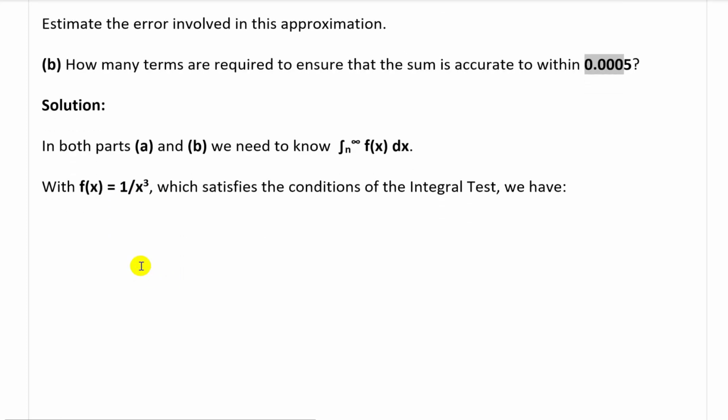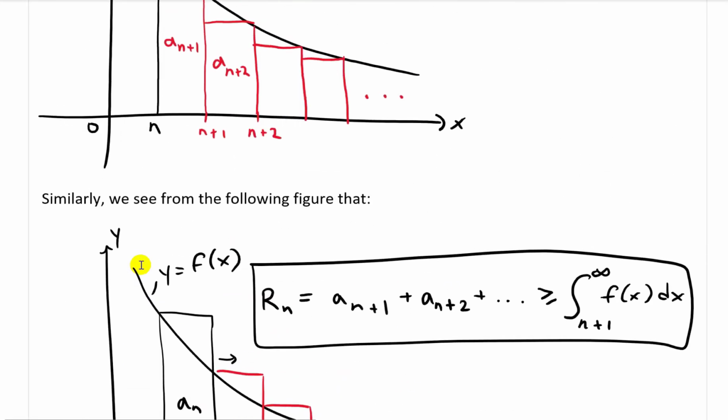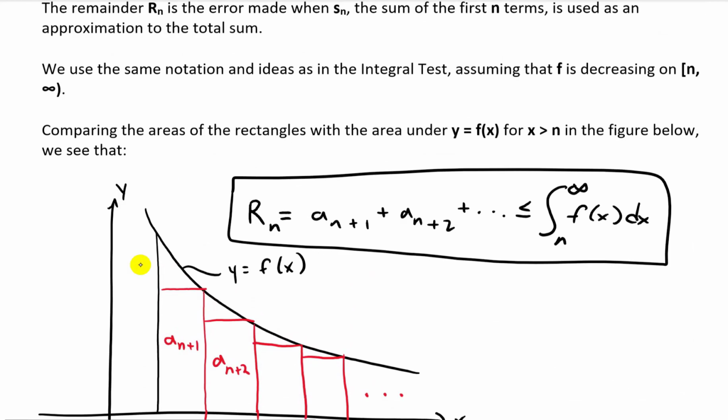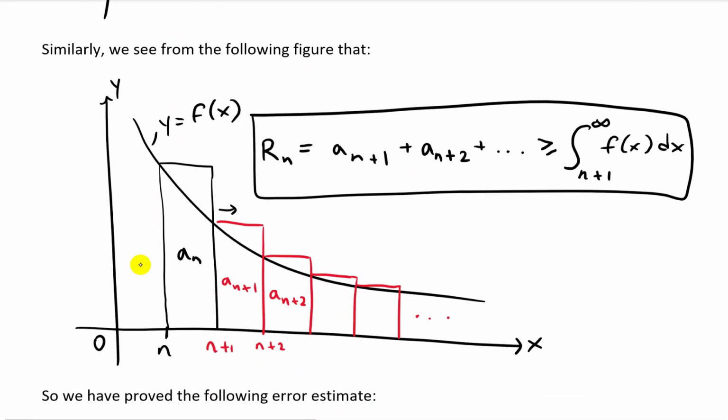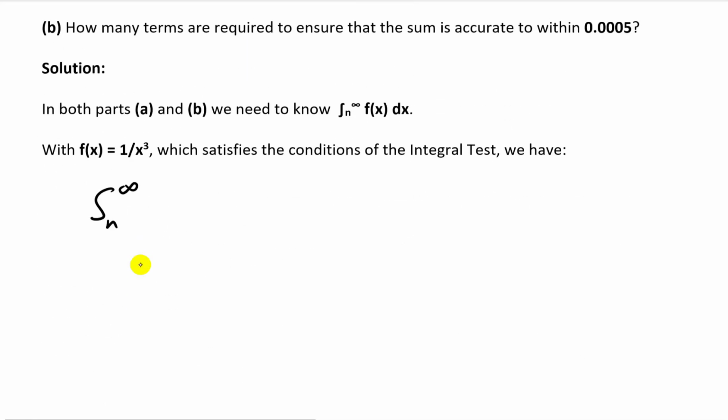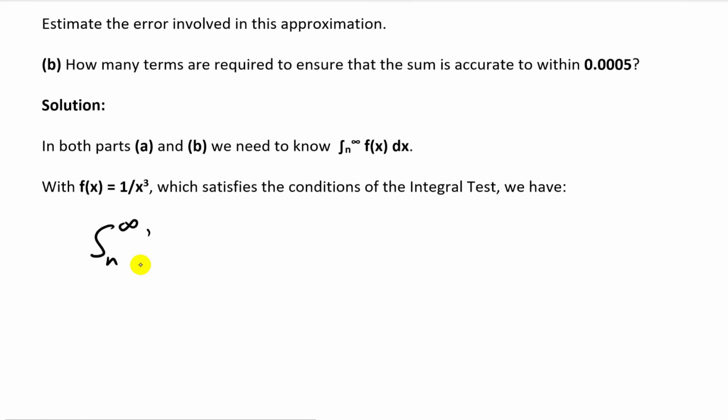So what we need to do is take the integral of it, from n to infinity, to get the upper limit and see how accurate it is. So the integral from n to infinity of f(x) dx equals the integral from n to infinity of 1 over x cubed dx.